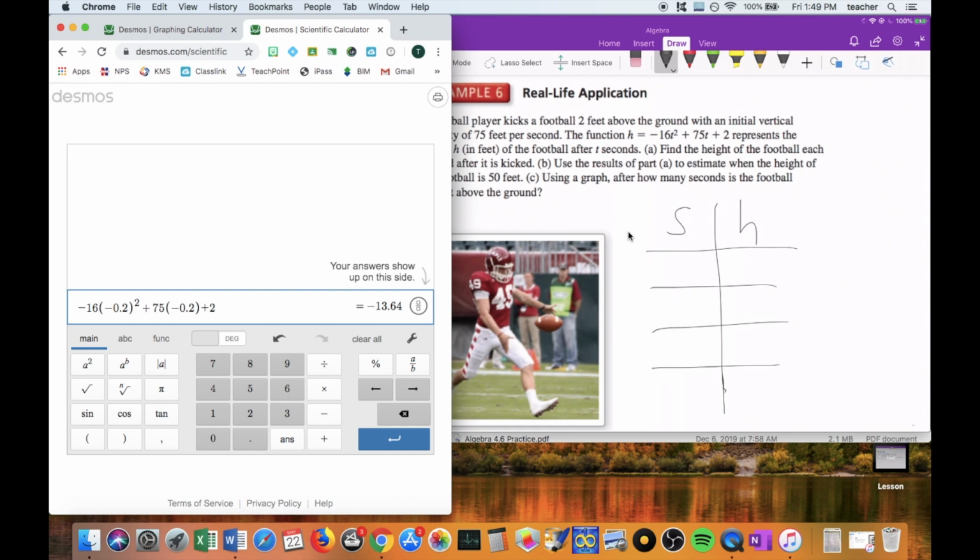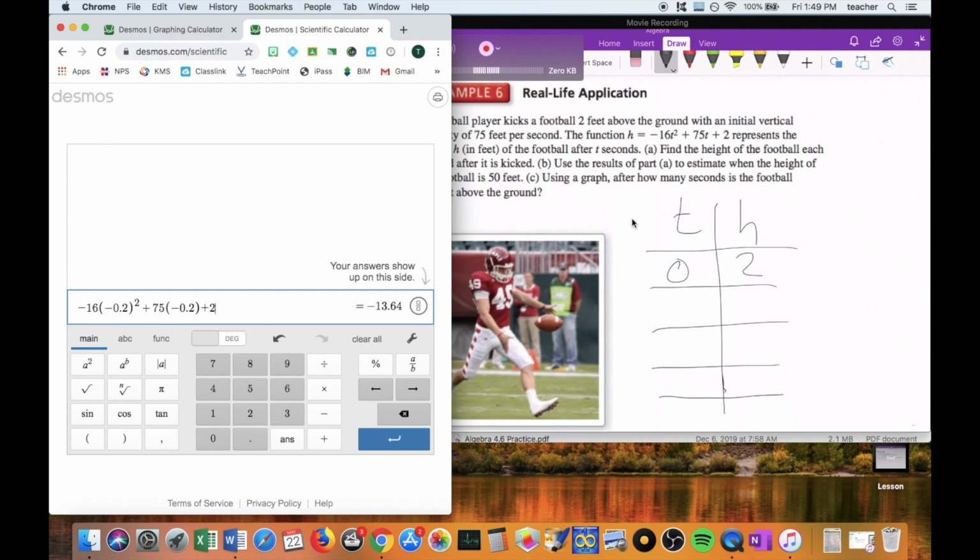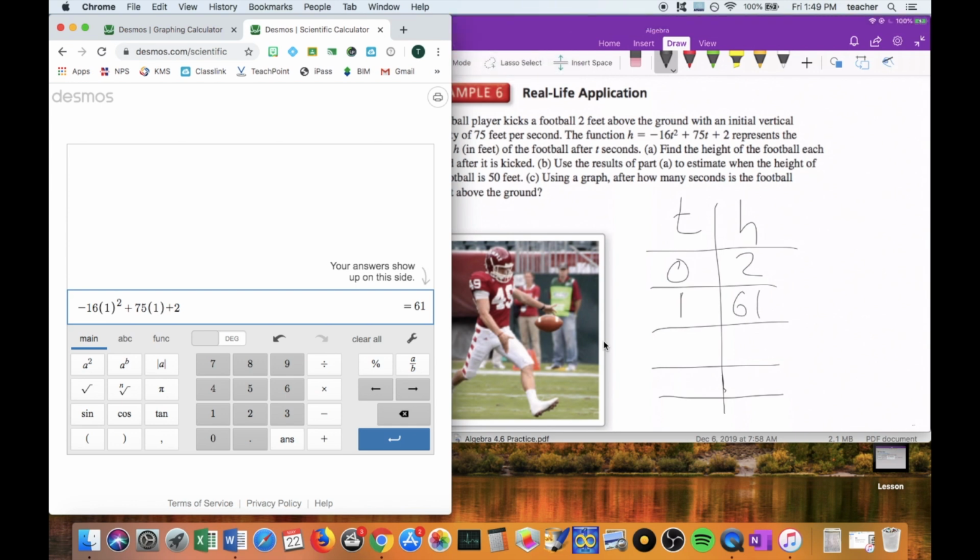So let's see, we'll start this. After 0 seconds, I don't even have to plug it into a calculator to know that it's going to be 2 because the t terms are going to cancel. I'm going to change this to t because that'll just be more consistent, because t is our variable here. So when t is 0, h is going to be 2. Now when t is 1, this is when I'll plug it into the calculator. A 1 here and a 1 here, so I get 61. So at 1 second, the ball is 61 feet in the air.